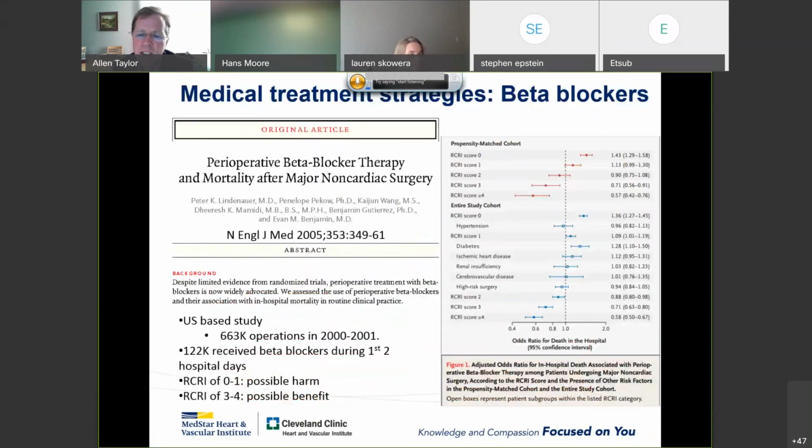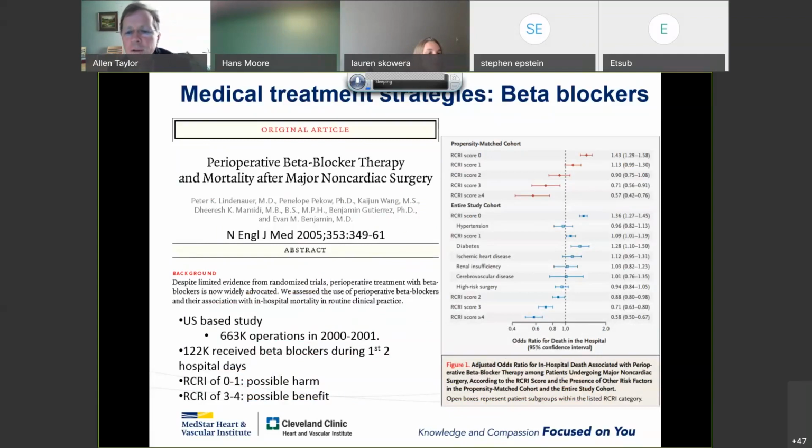This has been then subject to additional analyses, and this was a UK-based study of over 660,000 operations performed in a similar time frame as POISE 1, with over 122,000 receiving beta blockers. Again, this had become quite the rage after some of these early studies done in the 90s.